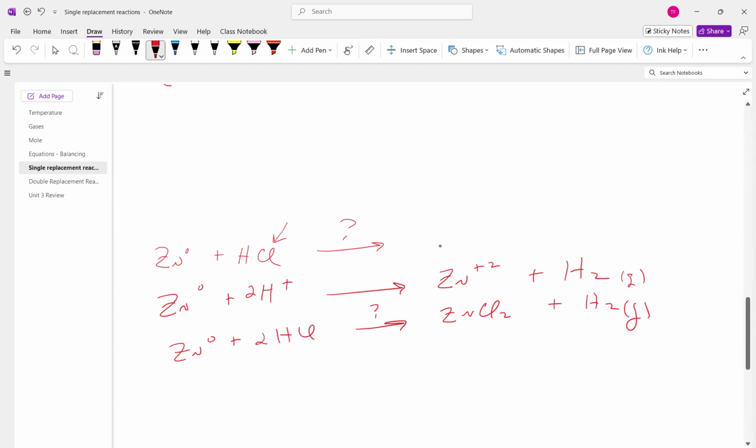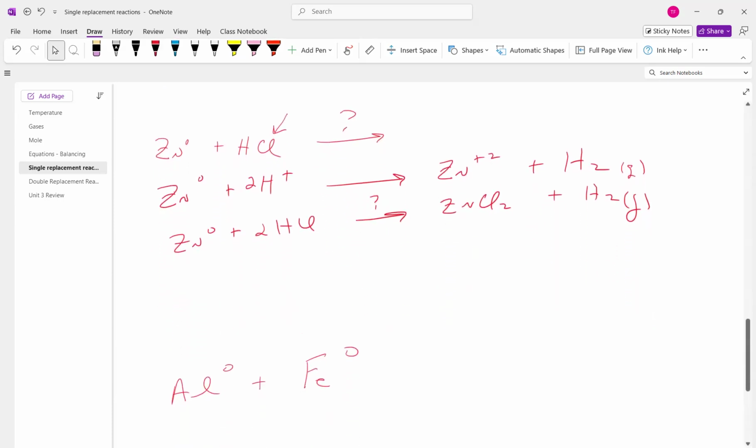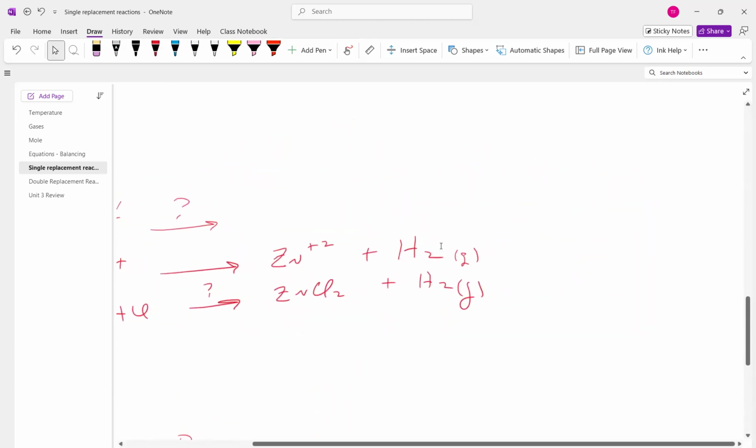So which is higher, H2 on the reactivity chart or zinc? Look on the reactivity chart. You're on the wrong page. Yep, this one here. Which is higher? Well, offhand, I don't know. I have to look.